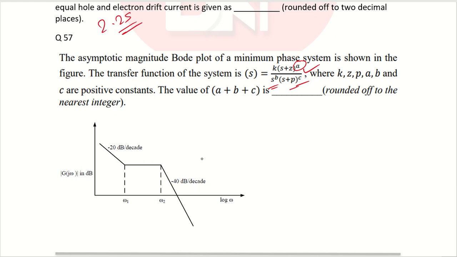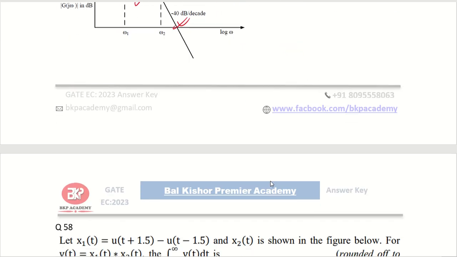Then it is going to come up again, so A will be again 1. And then C will be coming up minus 40 dB, so 2. Totally it is coming up as 1 plus 1 plus 2, that is 4. So the solution for A plus B plus C is 4.